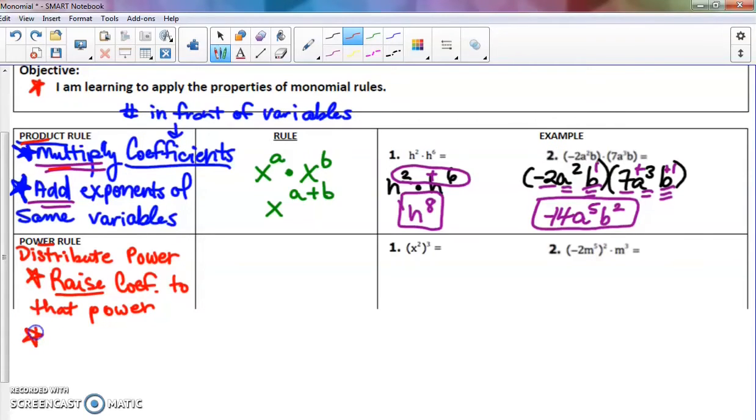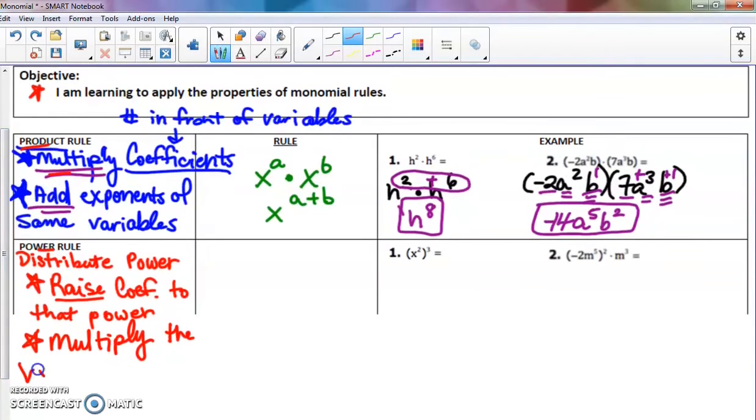Now, after we raise the coefficient to the power, we're going to multiply the variables' exponent with the power.